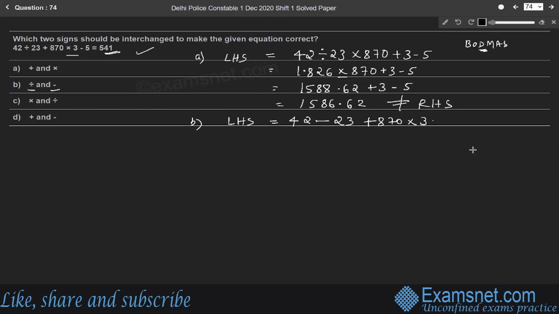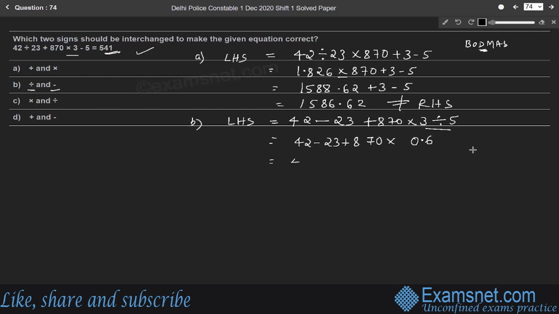In place of minus, we have to write divided by 5. So again, according to the BODMAS rule, 42 minus 23 plus 870 into 3 by 5, which is 0.6.